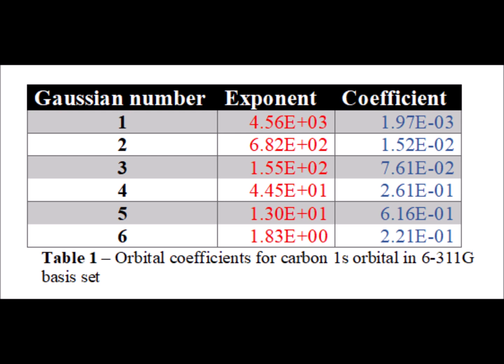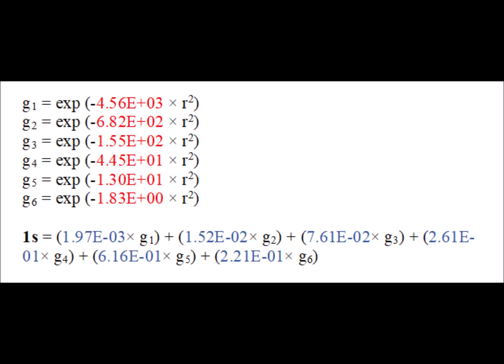Here in Table 1 is exactly the same information, but now in a table format, with each of the Gaussians involved from 1 through 6 listed as a row in the table. Here we see the exact mathematical form of each Gaussian, listed as G1 through G6, with the coefficient omitted temporarily, showing how the exponent fits into the overall formula.